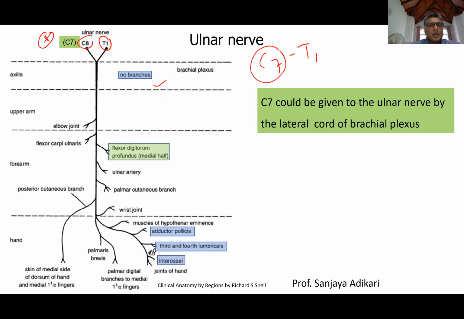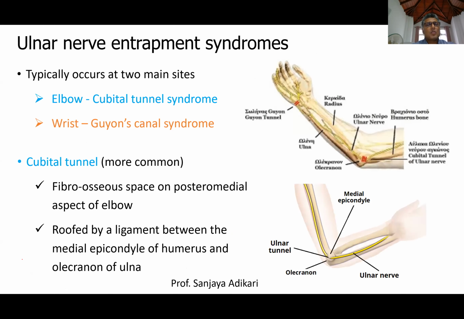Other than that, the ulnar nerve supplies all interossei of the hand, the medial two lumbricals, third and fourth lumbricals, and it usually ends by supplying the adductor pollicis muscle. For the cutaneous supply, it supplies the medial 1.5 fingers and the medial end of the palm and the dorsum both. So this is about the ulnar nerve that I wanted to mention.